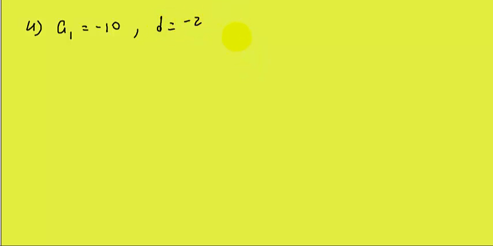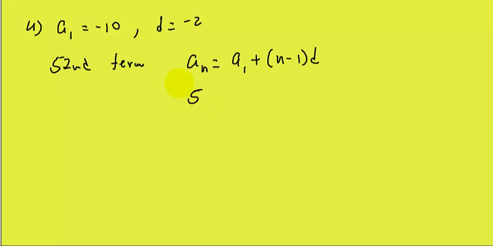Okay? They want you to find the explicit formula, and find the 52nd term. Again, we're finding the 52nd term. So my formula is a sub n is equal to a sub 1 plus n minus 1 times the difference. That's my formula. So a sub 52 turns out to be negative 10 plus 52 minus 1 times negative 2.